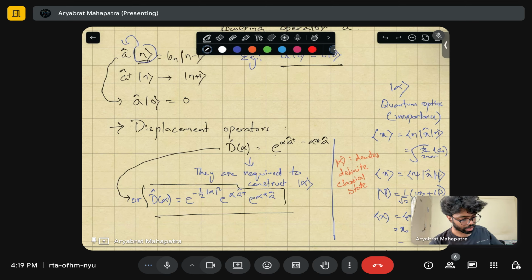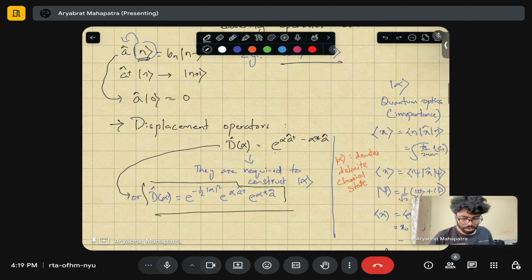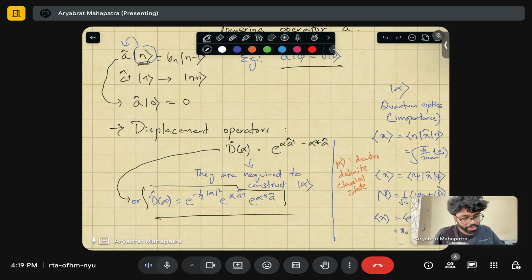So how can this be written? There is a rule called the BCH rule, Baker-Campbell-Hausdorff.